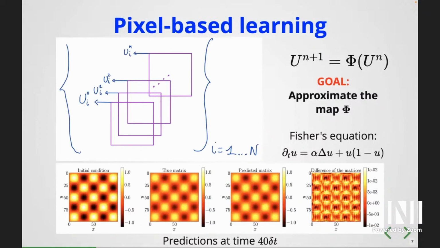The main point here is that we generate our data set by randomly initializing the solution in n different ways.